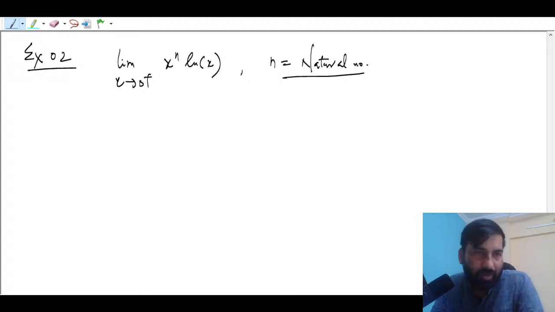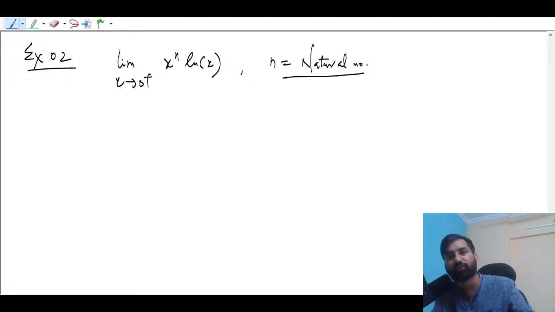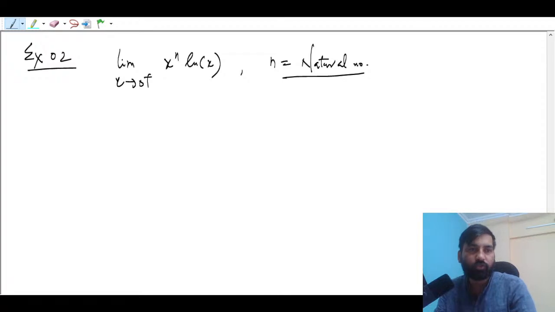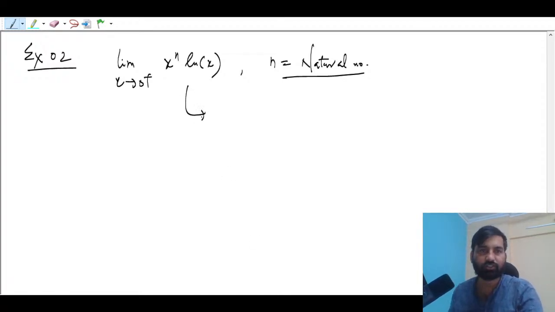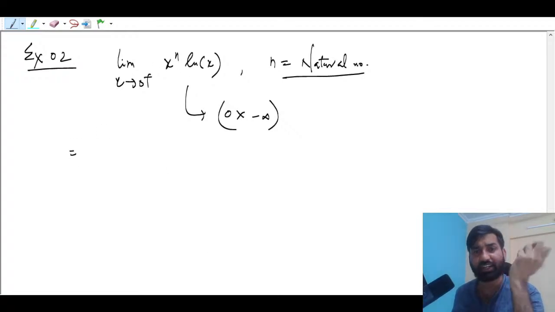Now you might notice that ln x at 0 plus is minus infinity. So first we have 0, and then 0 into minus infinity. So this is a 0 into minus infinity form. What we can do is write this in infinity by infinity form.